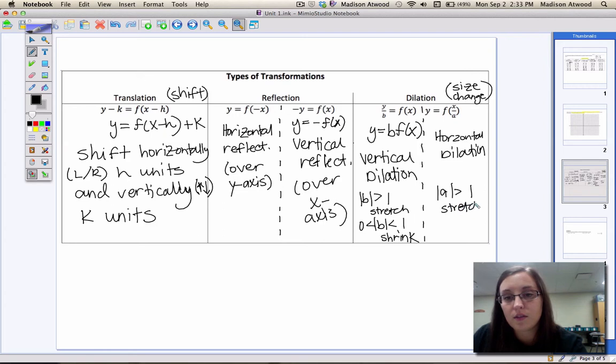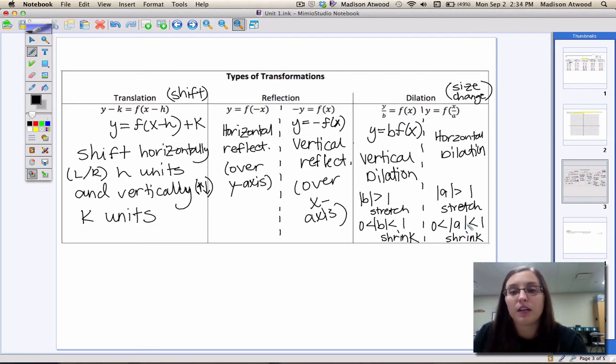So in this case, if x is divided by a value greater than 1, so 2, 3, 4, something like that, it's a stretch. And if it is divided by a value with absolute value between 0 and 1, then it is a shrink.